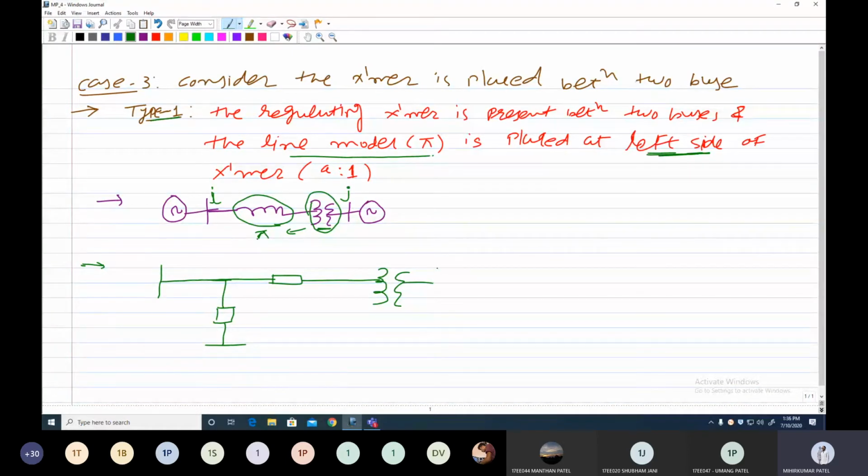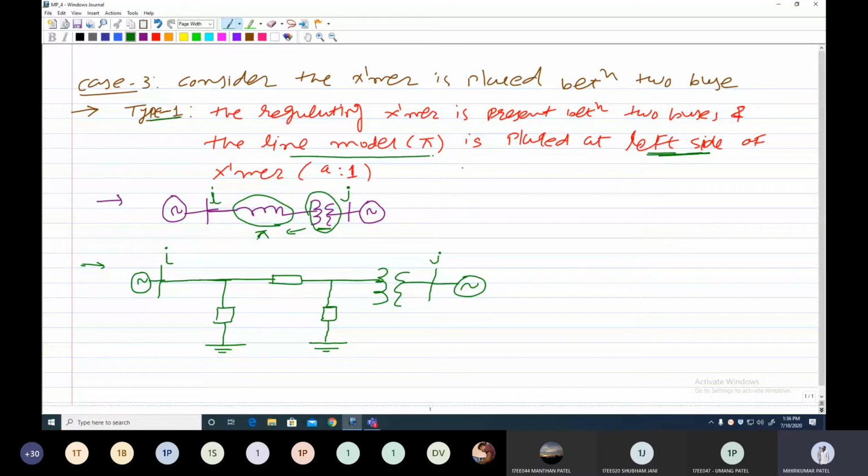What I have done here is just draw the pi model of the transmission line, which is placed at the left side of the transformer.